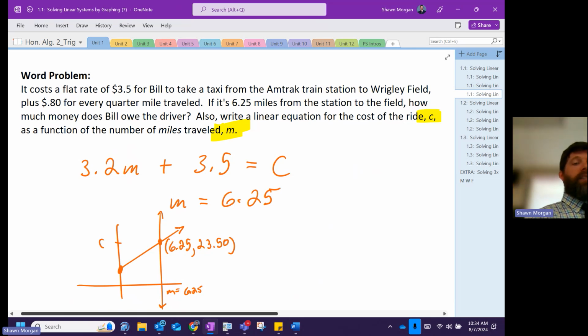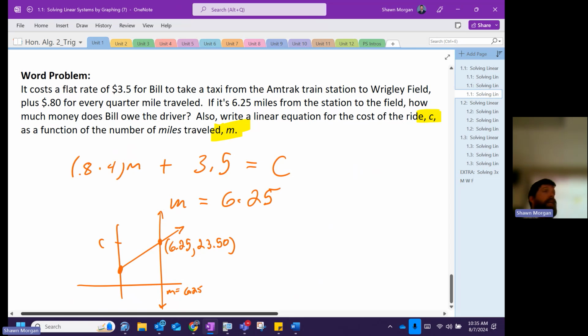Nash? Okay, so it was 80 cents for a quarter mile. So we did 0.8 for every quarter mile, and in 1 mile, there are 4 quarter miles. So that's why, if M stands for every mile, we did 0.8 times 4, and that's where we got our 3.2. Does that help? Let's do it this way.